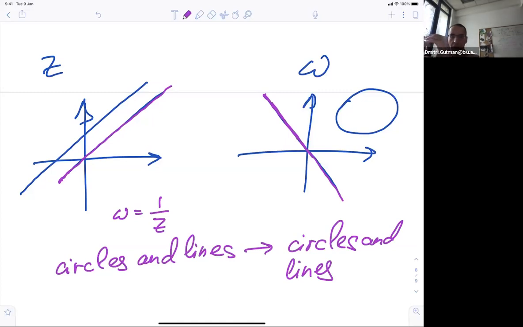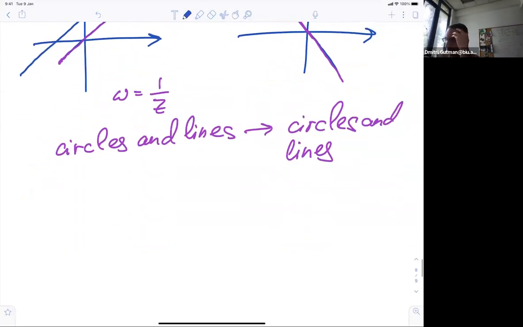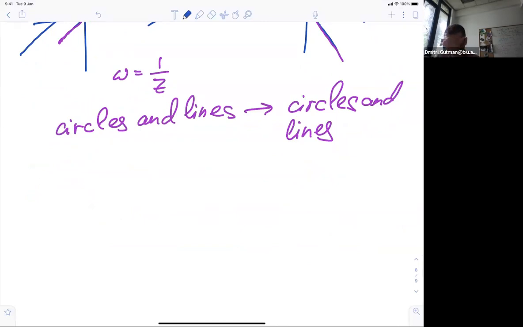Okay? I hope these derivations were clear. They're not too complicated. If it was too fast, just do it yourself slowly, and there is absolutely no difficulty in it.